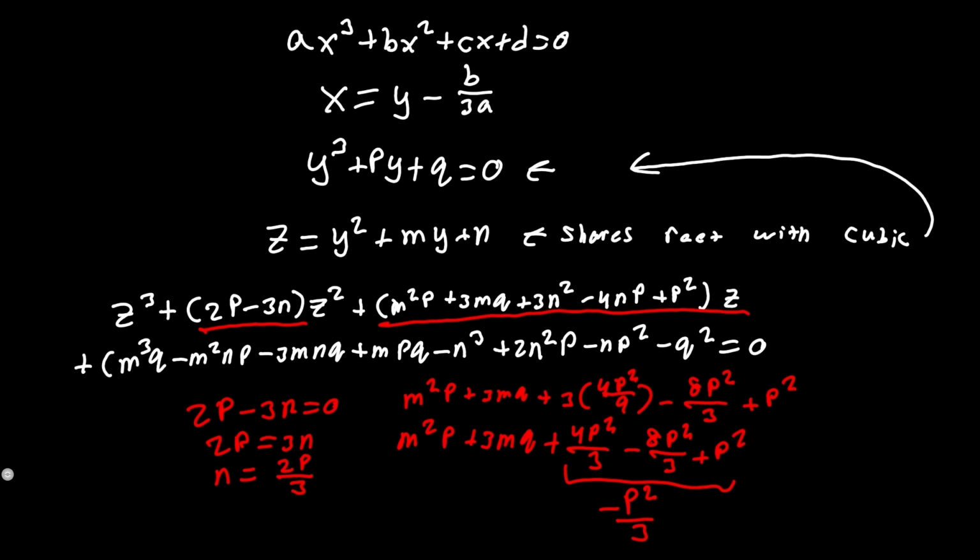Here we have 4 minus 8, that is negative 4, and negative 4 over 3 plus 1, that is negative 1 over 3, so it's negative p squared over 3. So we have m squared p plus 3mq.